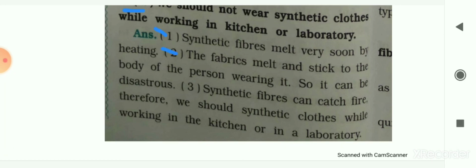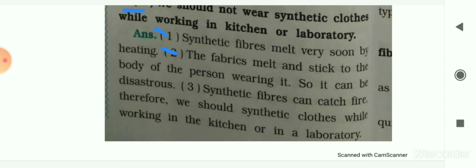So it can be disastrous, and synthetic fiber can catch fire. Therefore we should not wear the synthetic clothes while working in the kitchen or in the laboratory, as there is the maximum chance of fire.